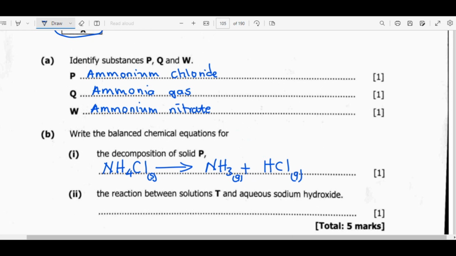Then the reaction between solution T and aqueous sodium hydroxide. So this one was NH4Cl. Since it's a solution, we need to have aqueous plus NaOH. This one gave us sodium chloride aqueous plus water plus ammonia.